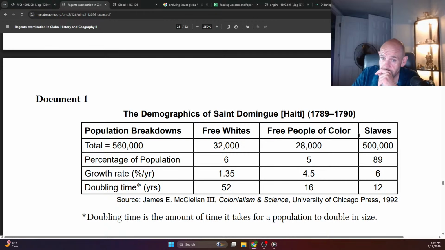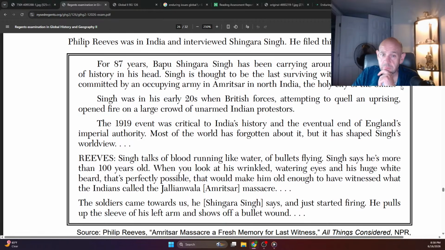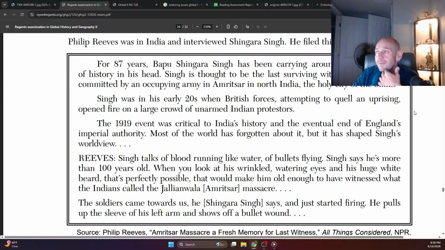Okay, but if I now go to document 2, just as an example, document 2 is not about slavery. I'm not going to read document 2, but it's about basically a man who witnessed the Amritsar massacre. That's not slavery. You could not use document 2 in an essay where you're going to talk about slavery, because it's not an accurate interpretation of the document to say it's talking about slavery.